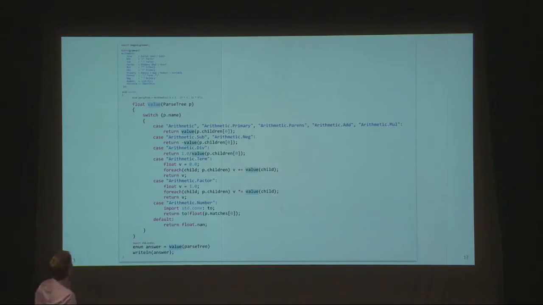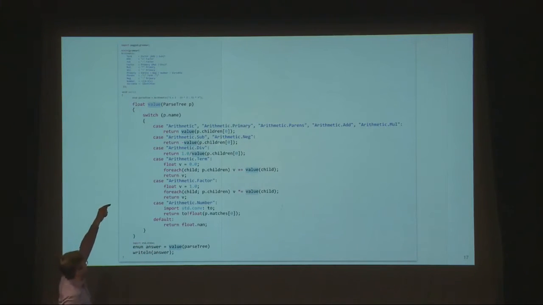And the grammar had just two leaf nodes, which are handled here. It's the only point where the function doesn't call into itself. Number, for example, has the number in string format as its match, and it's just converted to float.